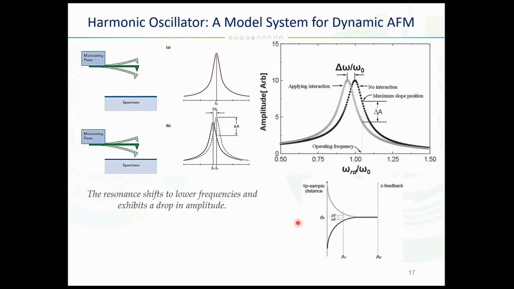The next slide shows how the amplitude can be changed, basically the same graph that I was explaining here. The resonance will shift to lower frequencies and show a drop in the amplitude, and this shows what kind of parameters we can optimize.